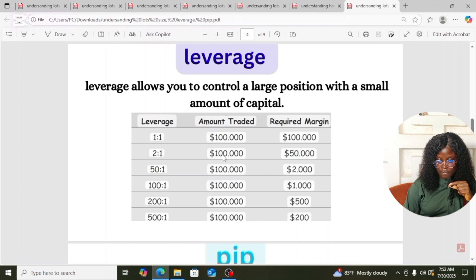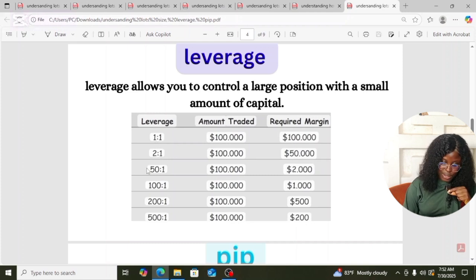So let's say you have $100 in your account, the same $100, and you're given leverage 1:2. That is going to be, rather, 200, because 100 times 2.